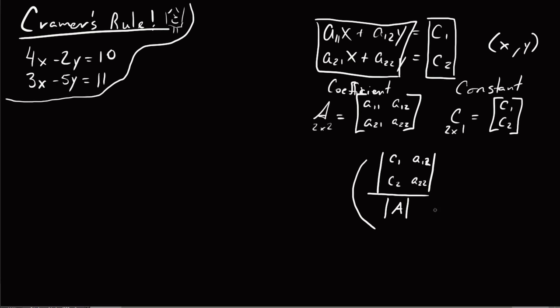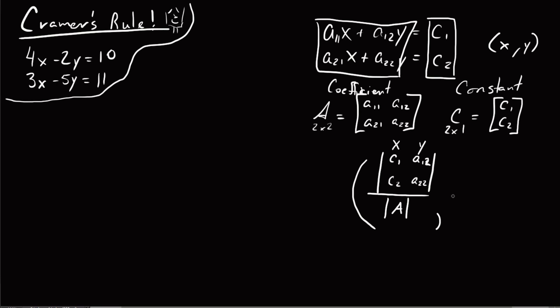When we're solving for the x coordinate of our ordered pair, I took the two constants and inserted them where the coefficients of x used to be. Since we're solving for x, we plug in the constants for the column where the x coefficients used to be.